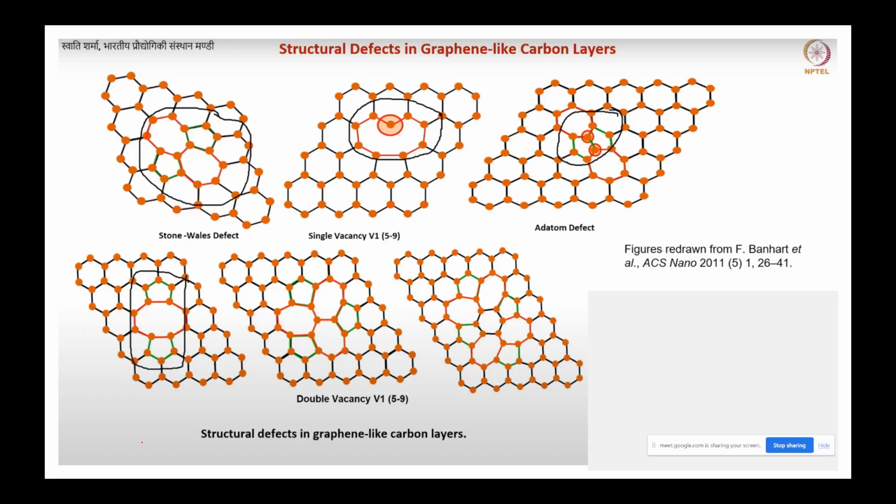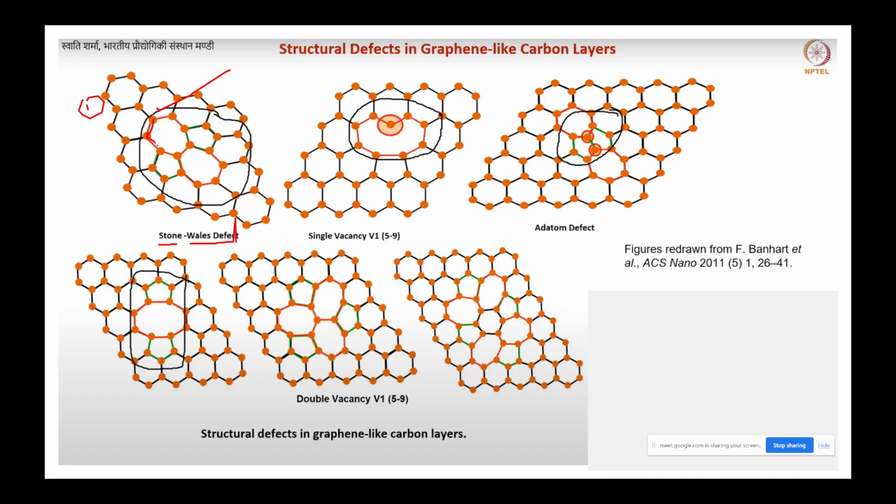Now you can see in the slide many kinds of defects. The first one is your Stone-Wales defect. Here in this area, it is not making a hexagon.